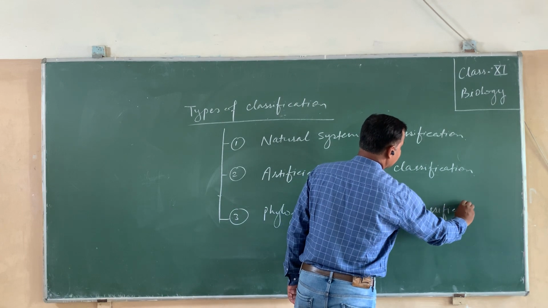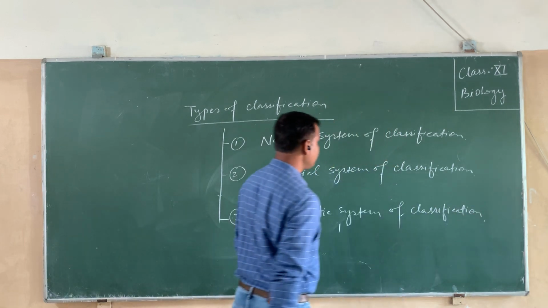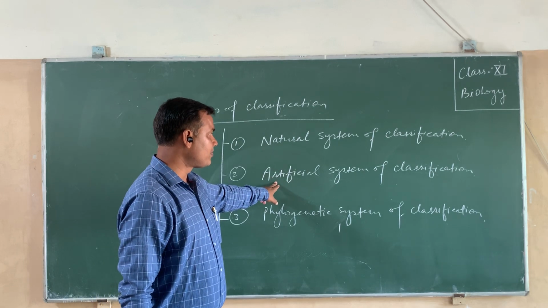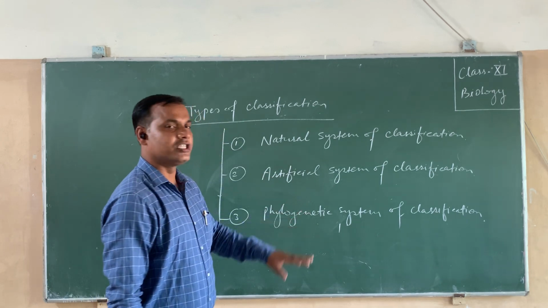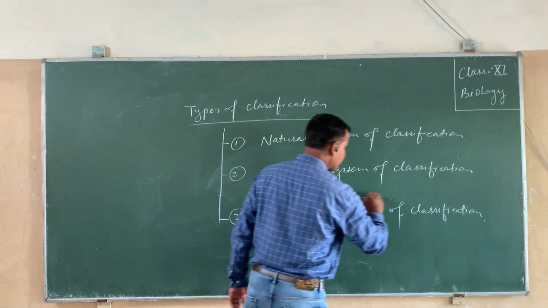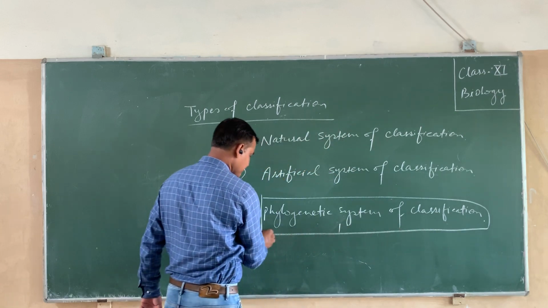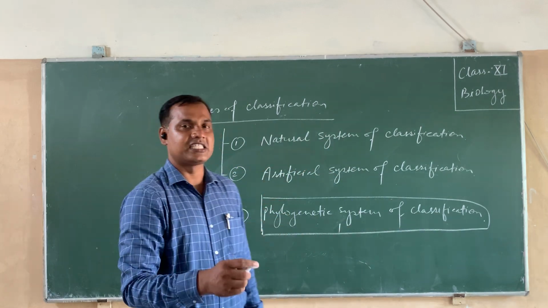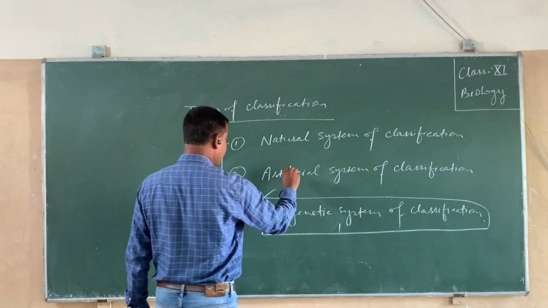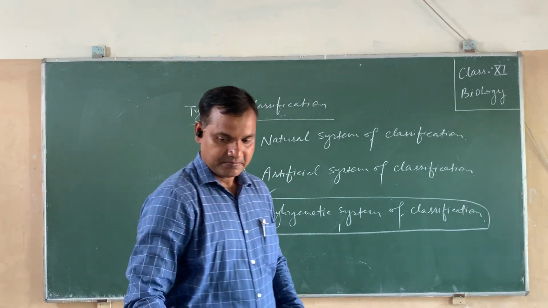So these are 3 types of classification. Out of these 3, this phylogenetic system of classification is of great importance and widely accepted. So we have to discuss this phylogenetic system of classification.